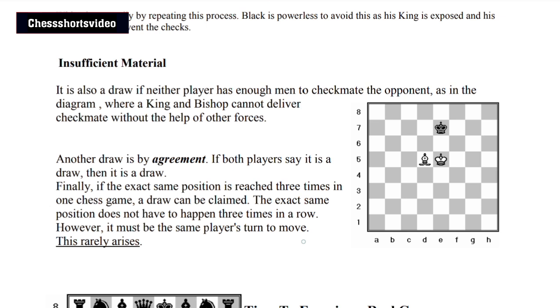Similarly, suppose your opponent has a king and a bishop. A bishop and king cannot make checkmate alone, because one bishop is not fit for the checkmate. At least you need one more good piece.